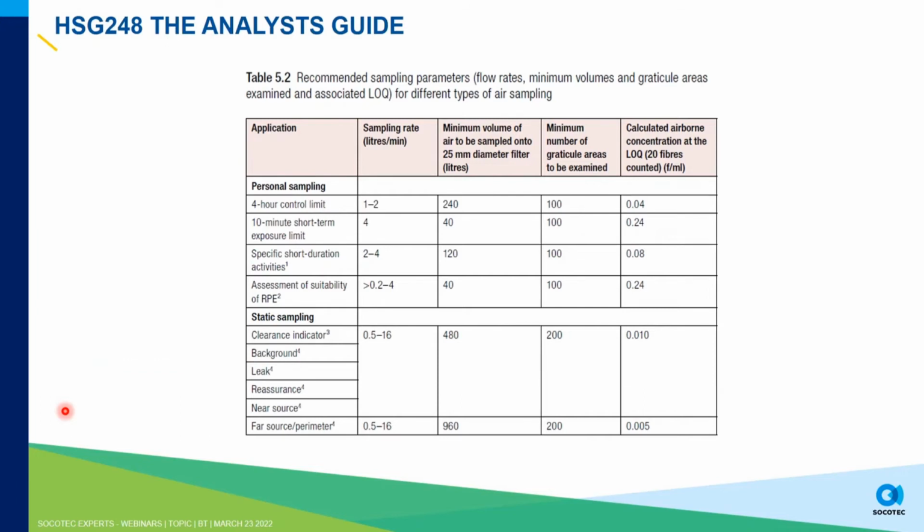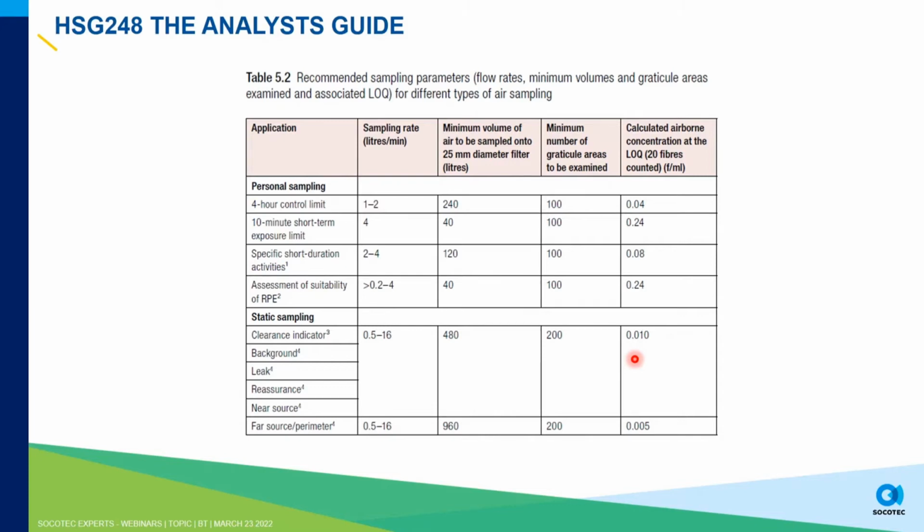In HSG 248, there's a table that recommends different types of samples. If you just focus on the static sampling at the bottom here, there's a whole raft of tests that we undertake as air analysts that are what we call standard tests: the clearance testing after a 4-stage clearance, asbestos removal, backgrounding, leak testing, and general reassurance monitoring. All these standard tests have a limit of quantification of 0.01. This means this is the lowest level that we can report on our certificates.